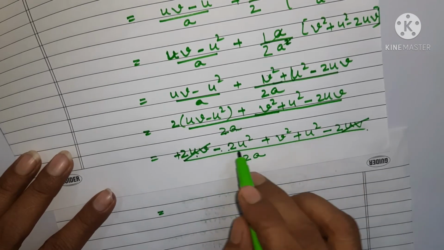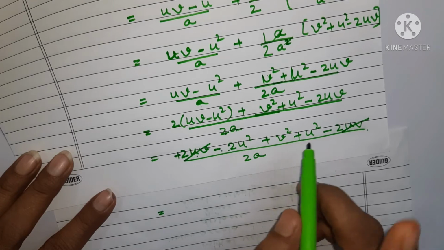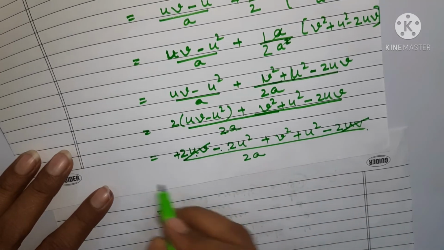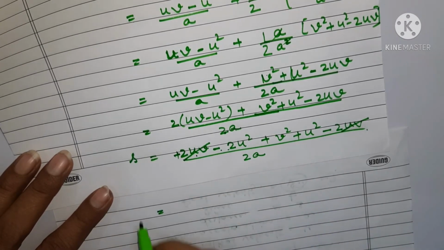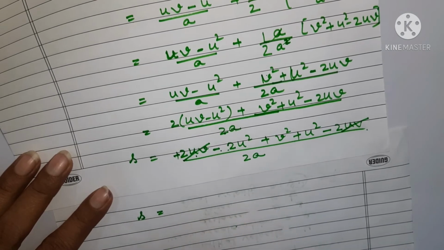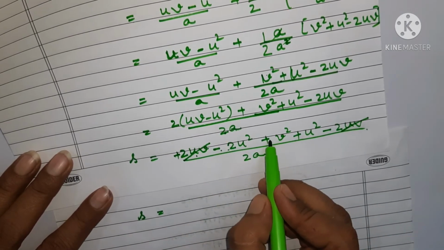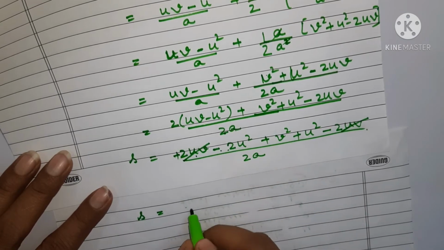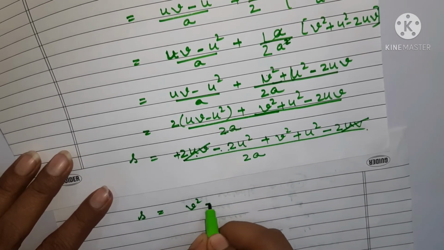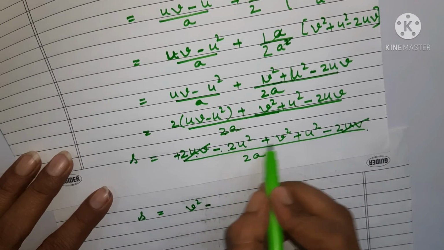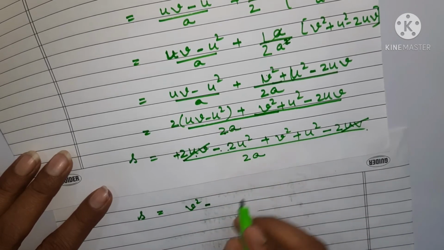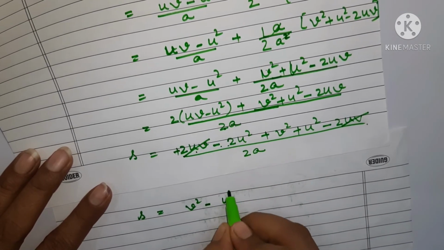When you subtract, you will get minus u square, and v square is already there, and this is equal to s. So let me write s over here, because this is a new sheet. And this one has a plus sign, so I'll use the plus sign first. v square minus 2u square plus u square. One u square will cancel out, so you are getting u square here.